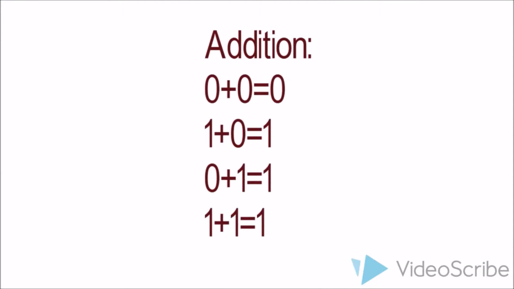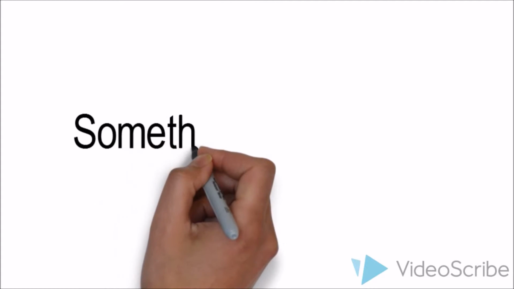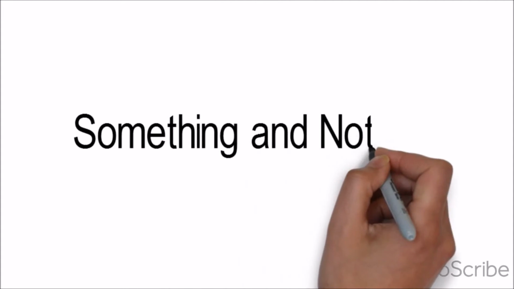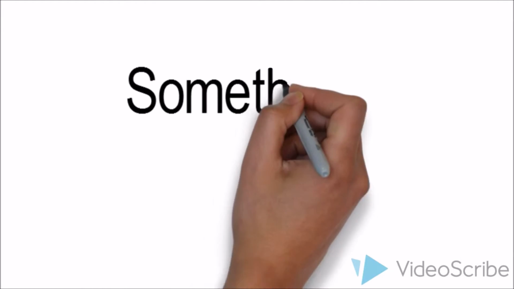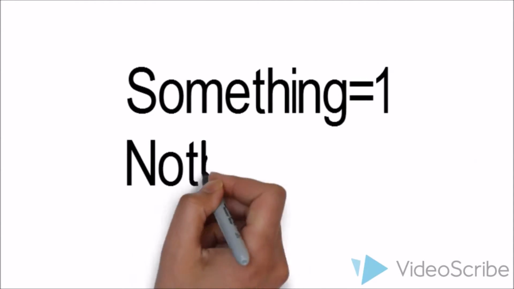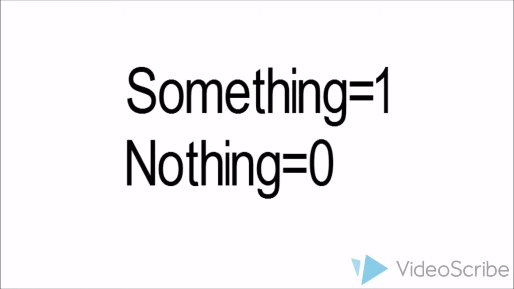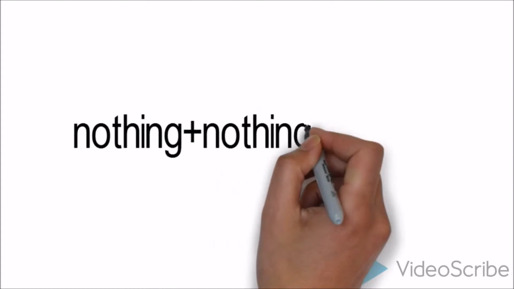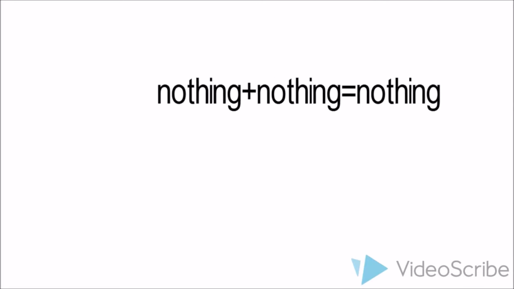Let's see again. In the ordinary algebra, 1 plus 1 is not equal to 1. So let's imagine that you have something and nothing. Something is going to be 1 and nothing is going to be 0. So now we can do this easier.